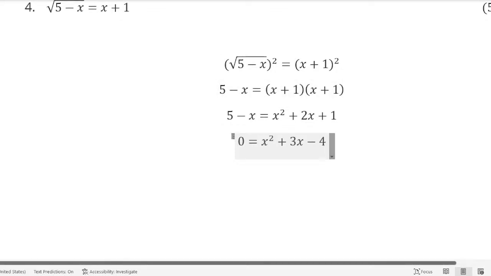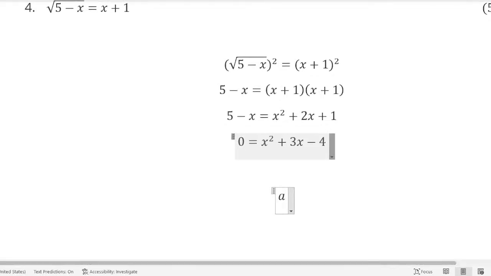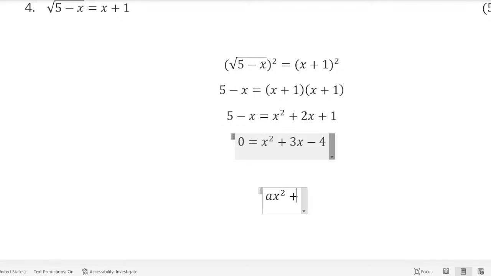Now let's write it in a proper way. Instead of saying 0 is equal to a quadratic equation, let's say quadratic equation is equal to 0. Remember, a quadratic equation should always be in this form of ax squared plus bx plus c is equal to 0.